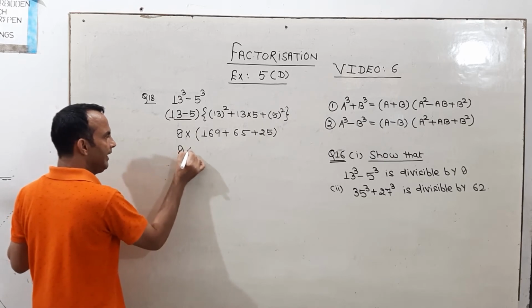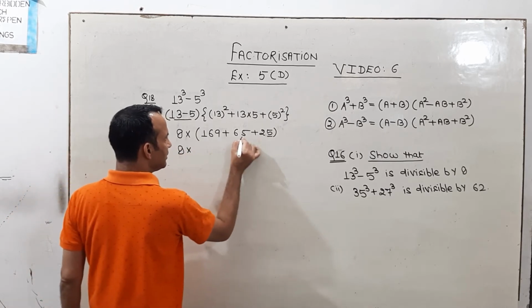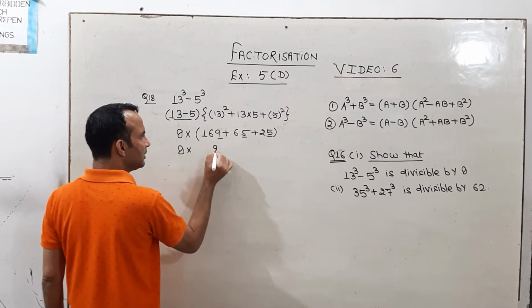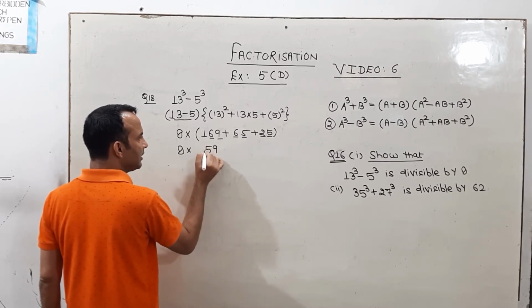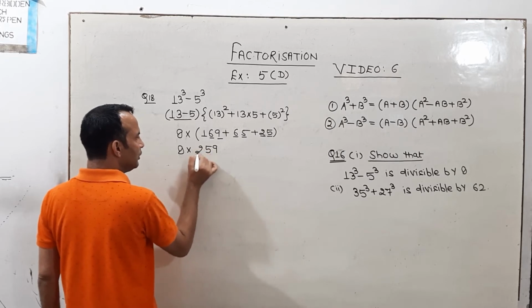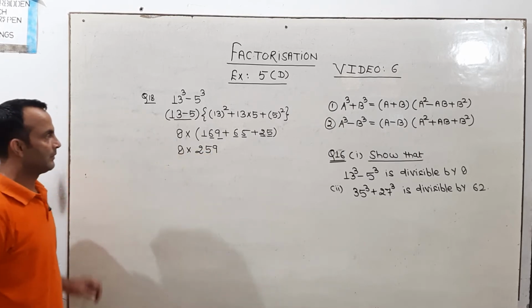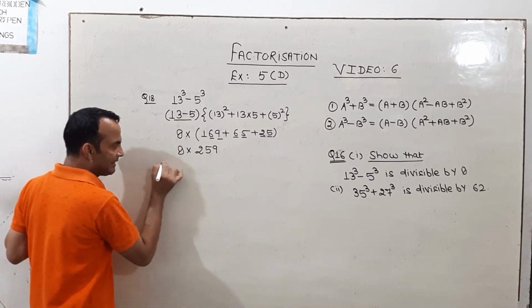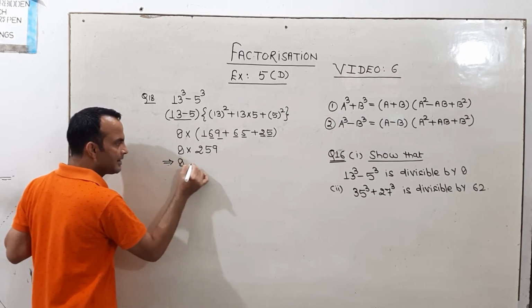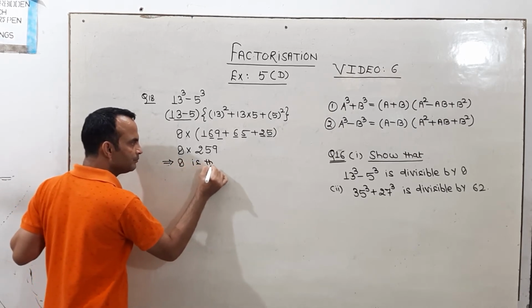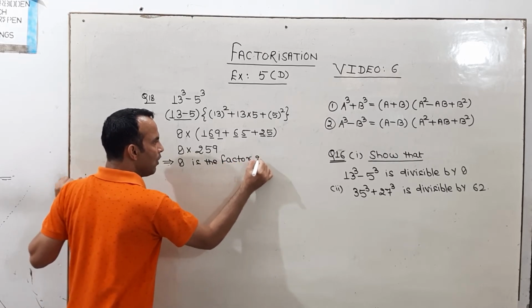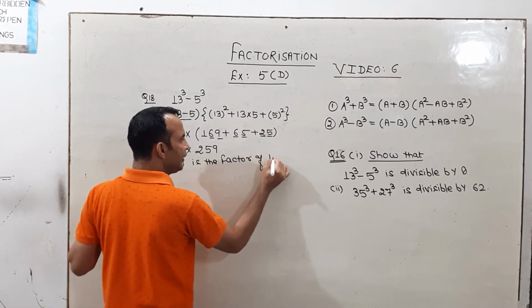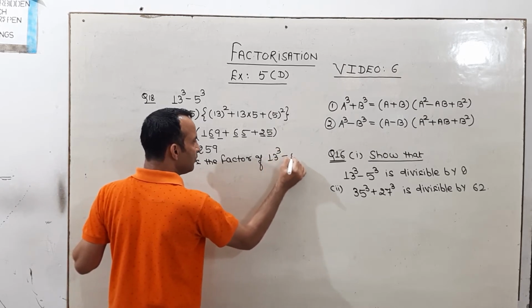This is what? 8 into 259. So you can see this implies that 8 is the factor of 13 cube minus 5 cube.